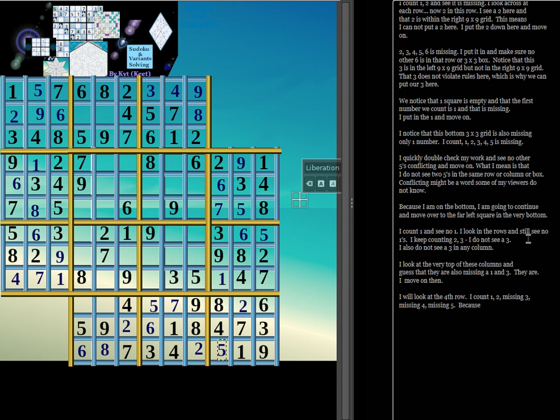And because these numbers are in both grids where the left 9 by 9 grid and the right 9 by 9 grid overlap, I know that I have to look at the rows to determine where each number goes.